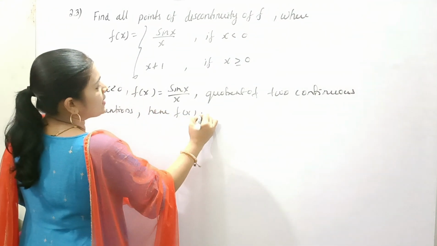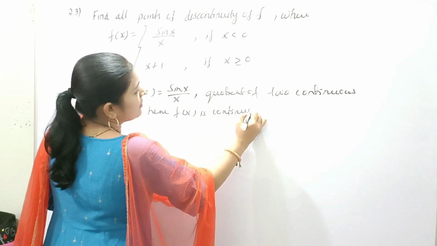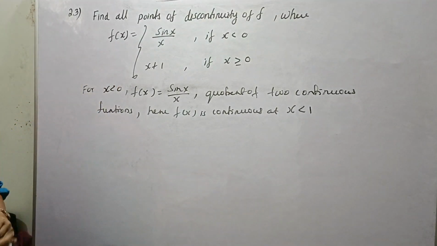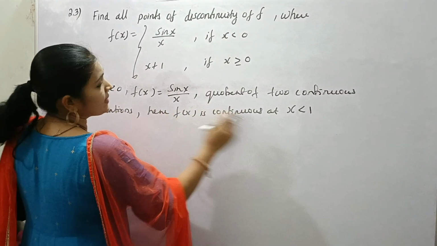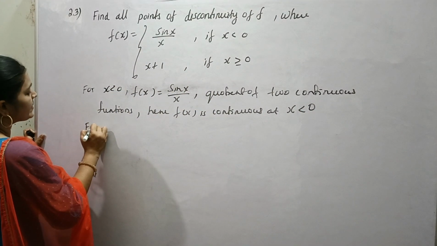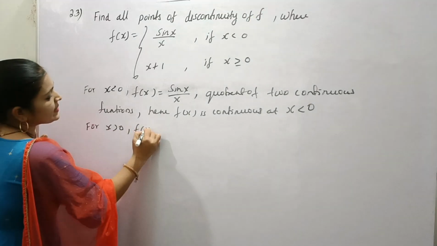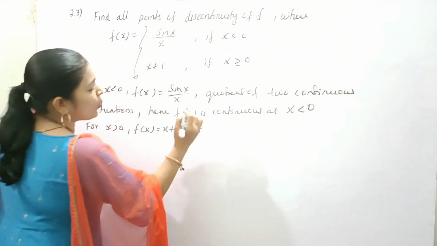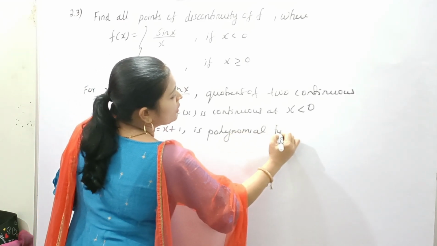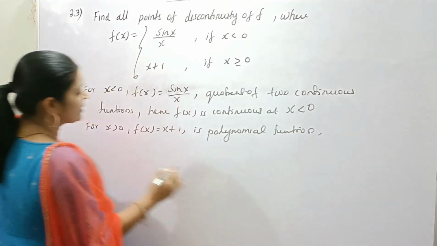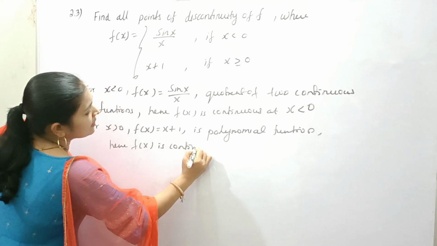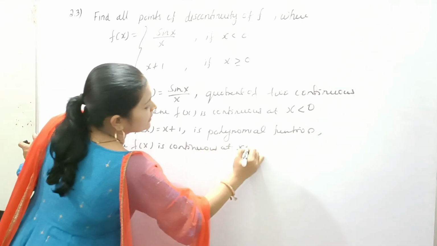Hence, f of x is continuous at x less than 0. Next, for x greater than 0, f of x is equal to x plus 1, which is a polynomial function, and we know that every polynomial function is continuous. Hence, f of x is continuous at x greater than 0.